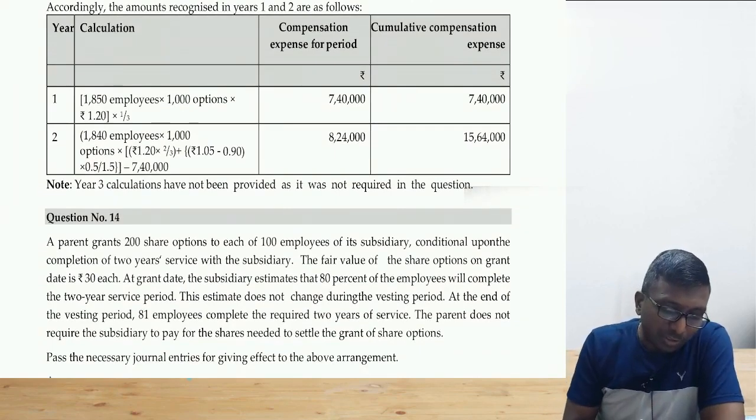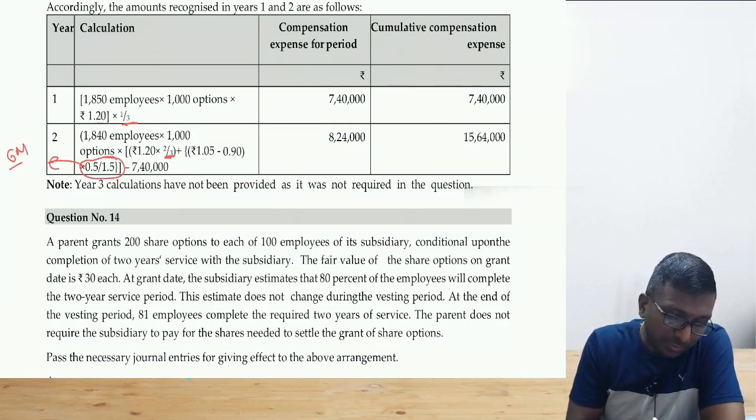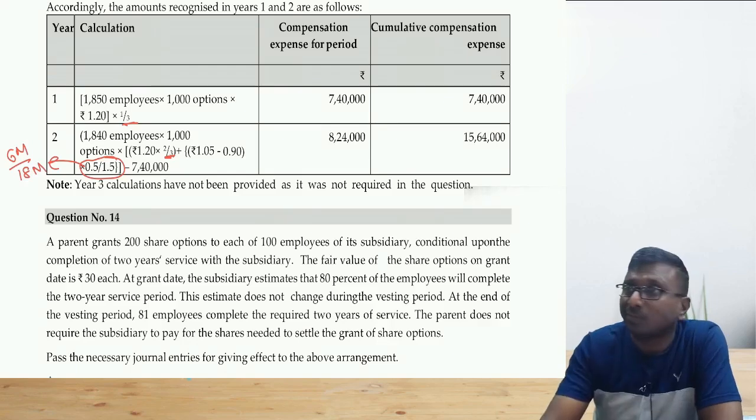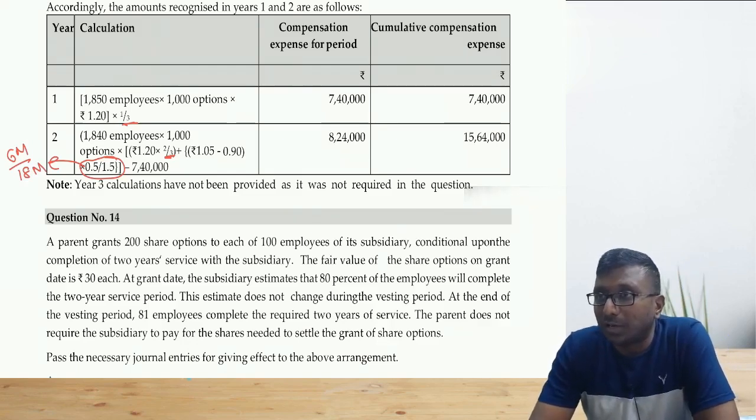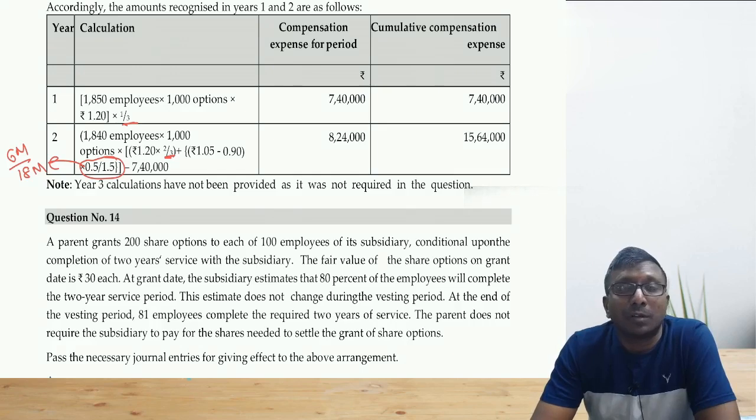Normally what you will do is one third and two third, and this will be for the 0.5. 0.5 in the sense of 6 months out of 18 months. Write it with your pen, 0.5 by 1.5.